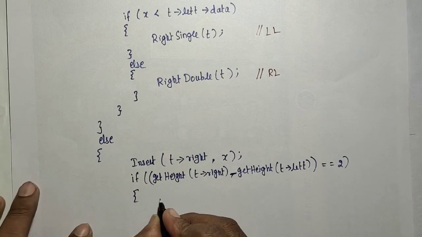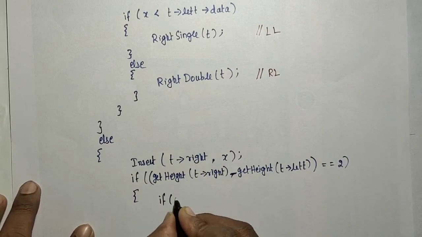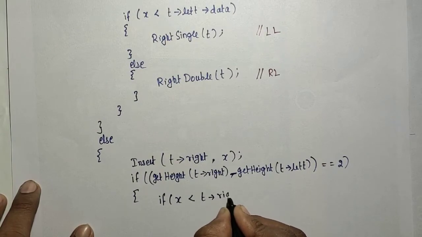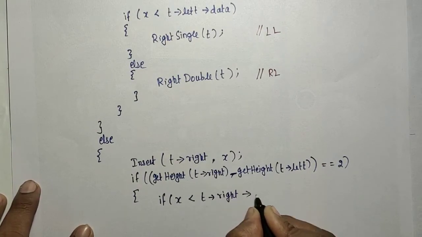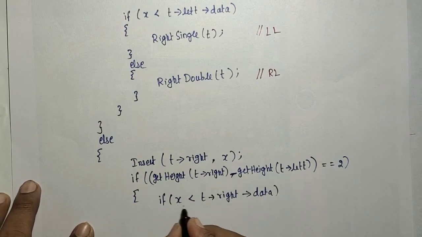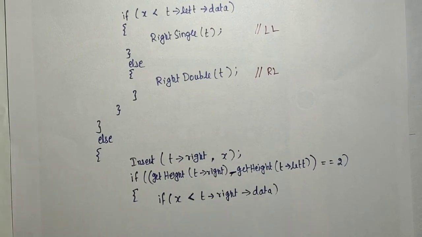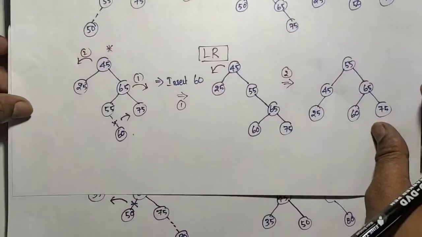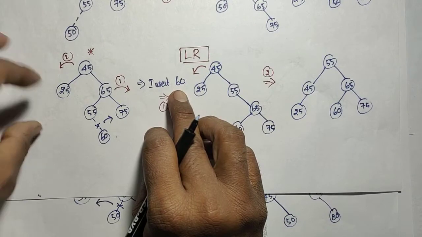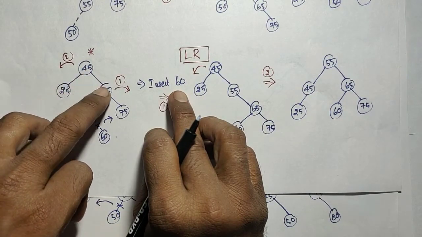Okay, that is, if x is less than t of right of the data, right side data, then I need to check: 60 is there, and 60 is greater than 45 here.